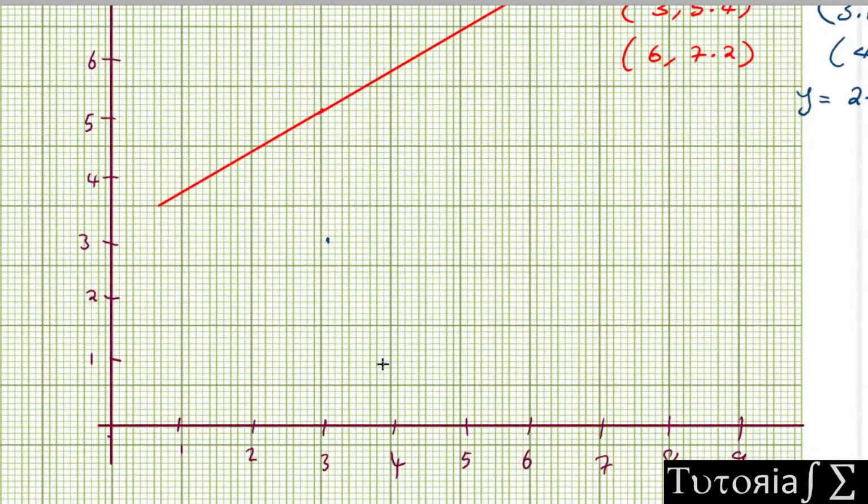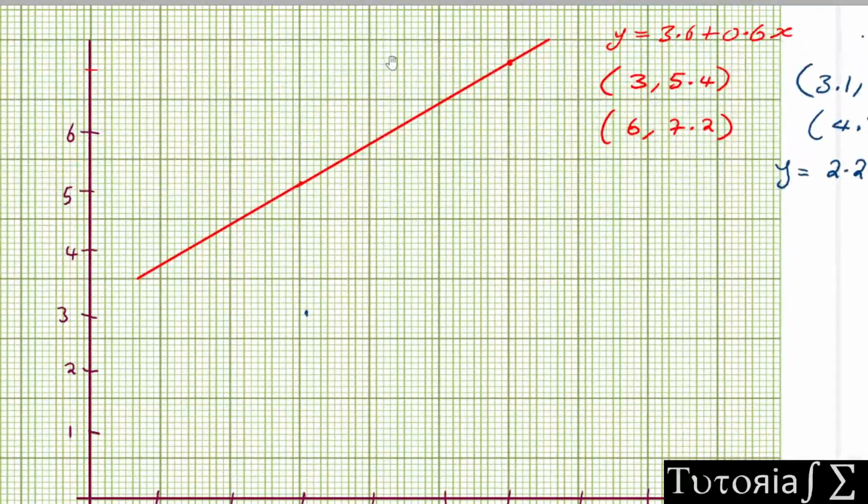So 4.3 somewhere, and this is where 7 is. So (4.3, 7) will be somewhere there, approximately. Then we can draw the line, from this point all the way there. Okay. Then we see where they are meeting.